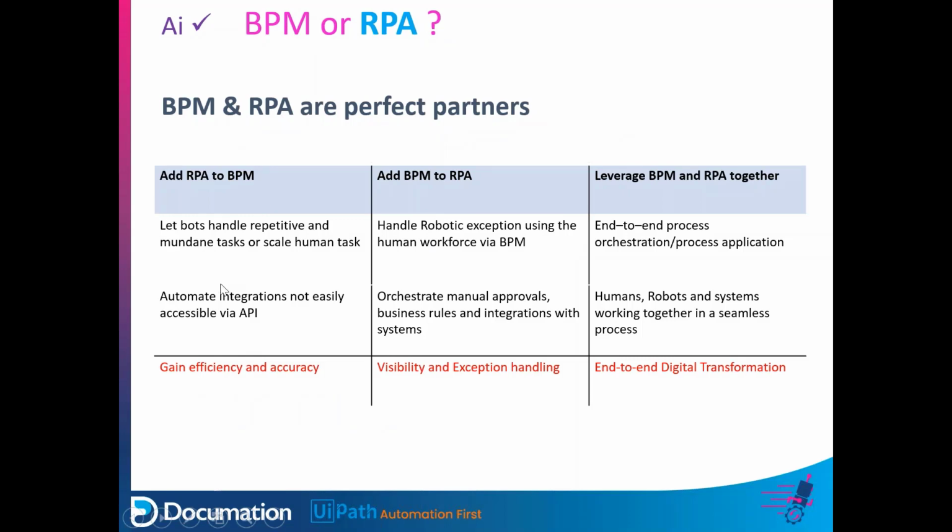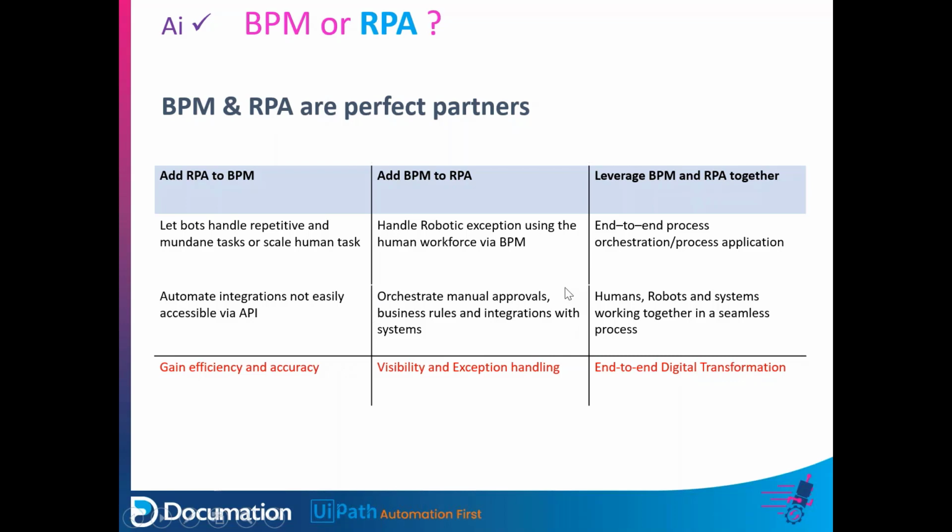adding RPA to BPM can let bots handle repetitive and mundane tasks, and it might well automate integrations that are not easily accessible via APIs. If we add BPM into an RPA scenario, it means we can engage with the human workers much more effectively to handle exceptions in quite complex ways.